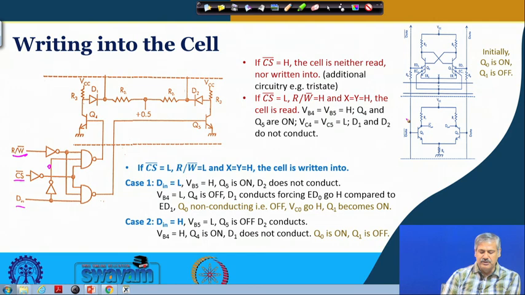And when chip select is low, so then this is 0, so this is 1, okay. And at that time, if this read write bar input is high, okay, so this is your high, okay.